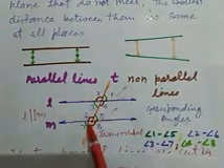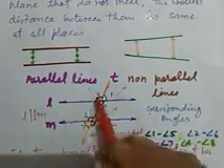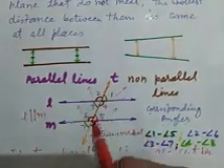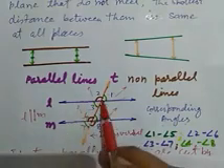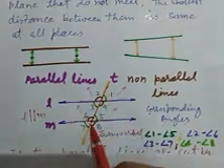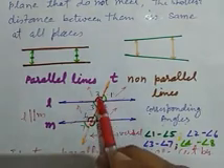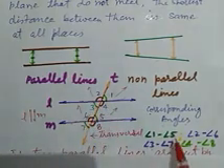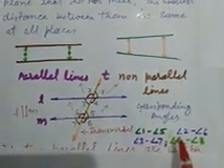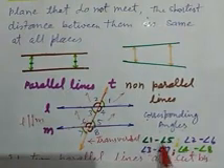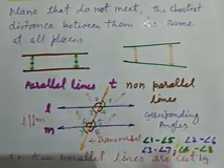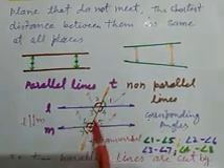Angle 2 and angle 6 are also in the same direction. They have a common line, the transversal, and they also make this flag. So angle 2 and angle 6 make one more pair of corresponding angles. This and this, these are two pairs. Now we check for the others.